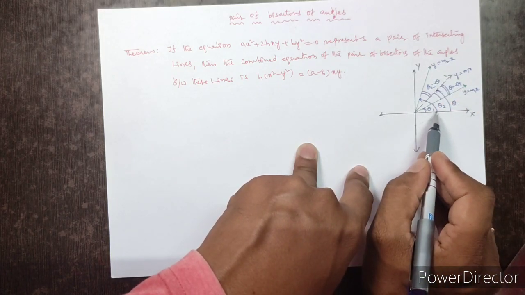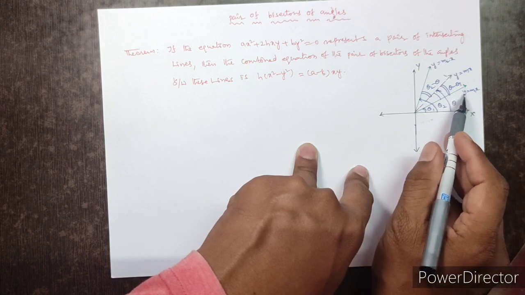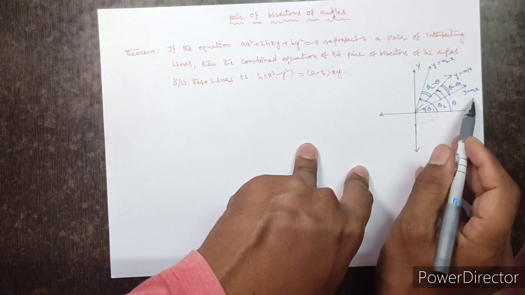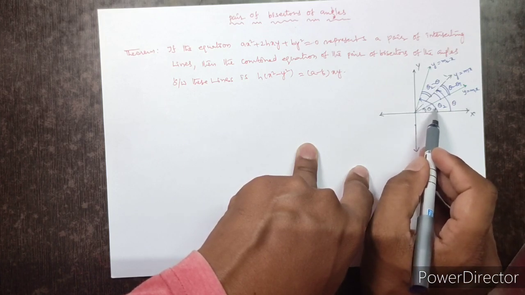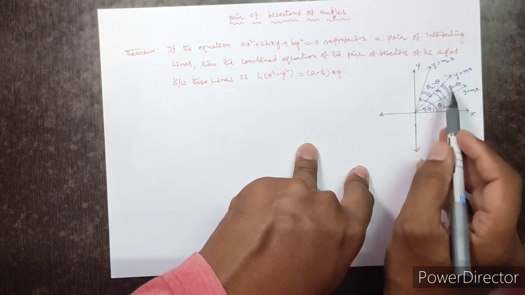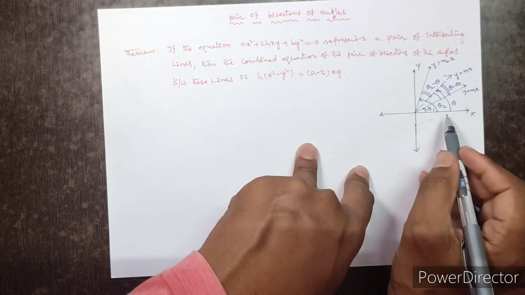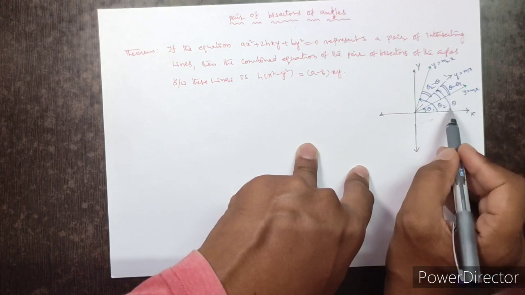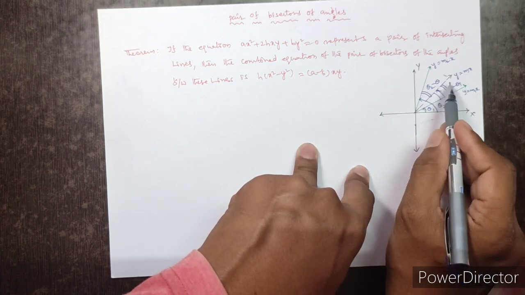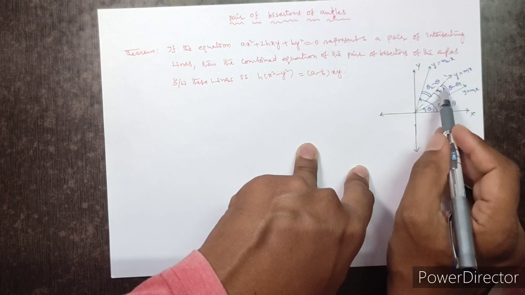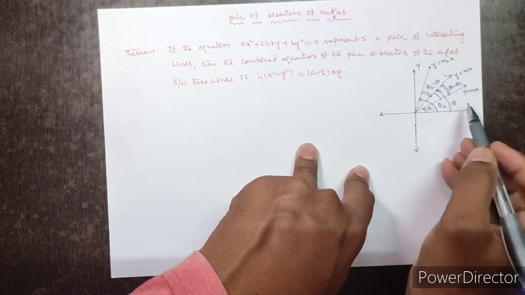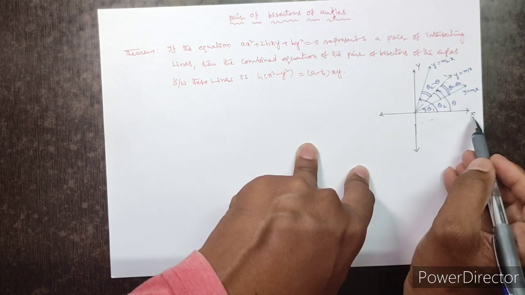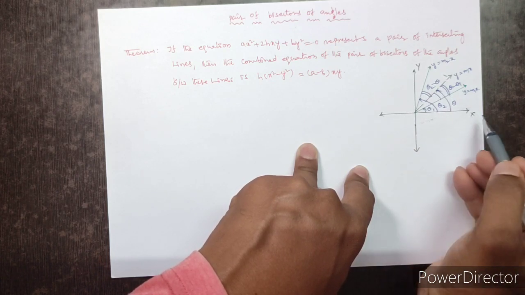Theta 1 is the angle between y equal to m1x and the x-axis, and theta 2 is the angle between y equal to m2x and the x-axis in the positive direction, and theta is the angle between the angular bisector of these two lines and the x-axis in the positive direction.